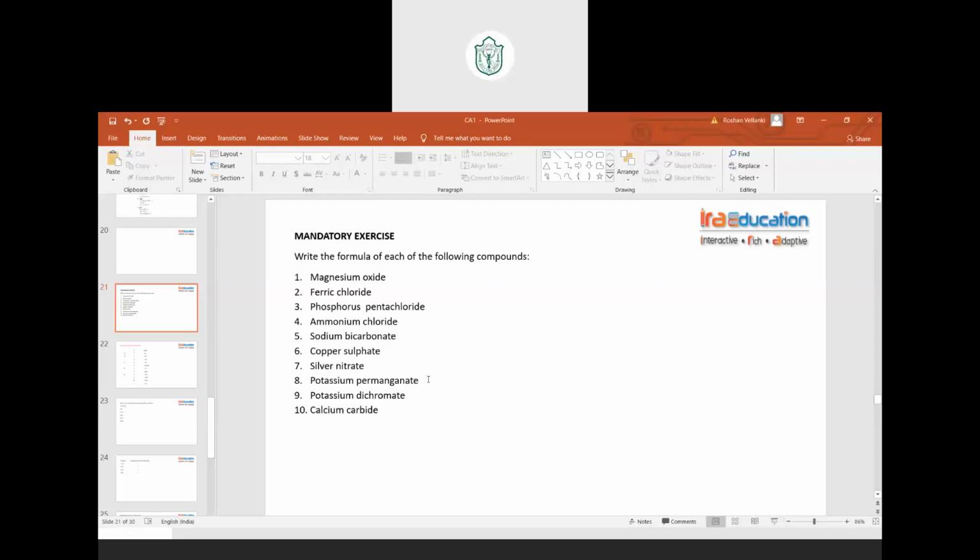Potassium permanganate is KMnO4. Sir, for silver do we take +1 or +2? Silver is always +1 only. It has only one valency. AgNO3 is the formula for silver nitrate.